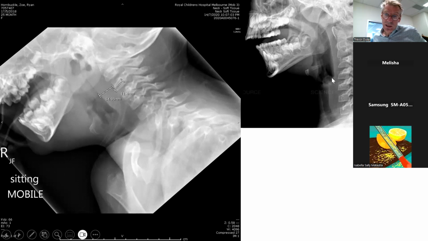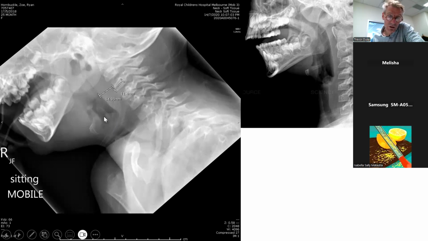You can also look at the epiglottis in such pictures, and this is the epiglottis there. You can just see the epiglottis just above the trachea, and in this case, the epiglottis is a bit swollen. Right, so this child's got a retropharyngeal abscess and epiglottic swelling.